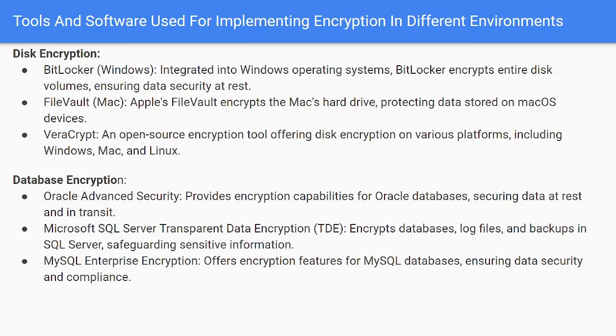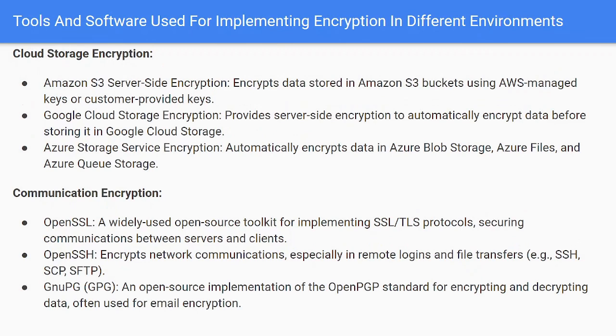For database encryption, we have things like Oracle Advanced Security, Microsoft SQL Server Transparent Data Encryption, and MySQL Enterprise Encryption. These are some of the database encryption tools that we can use. For cloud storage encryption tools, we have Amazon S3 server-side encryption, Google Cloud Storage encryption, and Azure Storage Service Encryption.